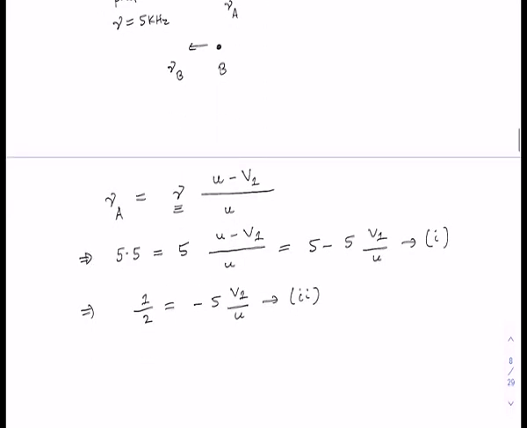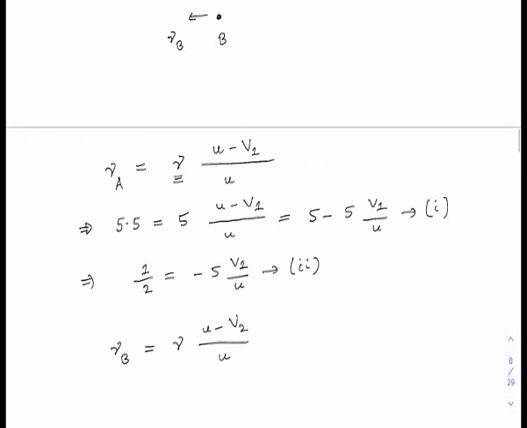In the second case, the frequency measured by the passenger at train B, again approaching the same siren, the same formula is applicable here. That would be (u minus v2) divided by u.